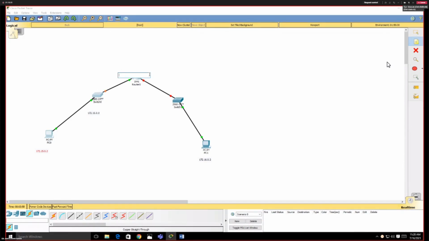The router's left interface represents IP address 172.15.0.1. The rightmost portion, the right interface of router 0, represents IP address 172.16.0.1, and this portion represents network 172.16.0.0. Now go through the topology and tell me if you have any question.